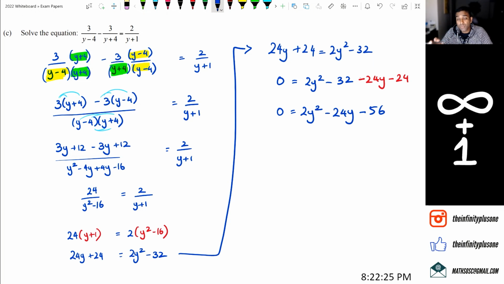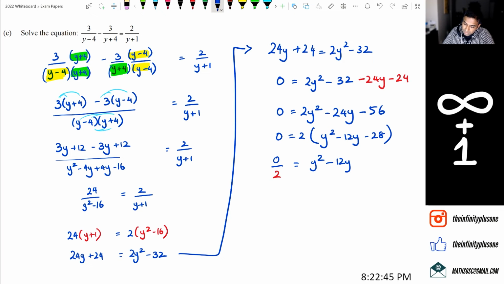I can see that 2 is a common factor, so I can take 2 out as a common factor. I'm going to get y squared minus 12y minus 28. Then I can take the 2 to the other side, so it becomes 0 divided by 2, which is just 0. So I get y squared minus 12y minus 28 equals 0.